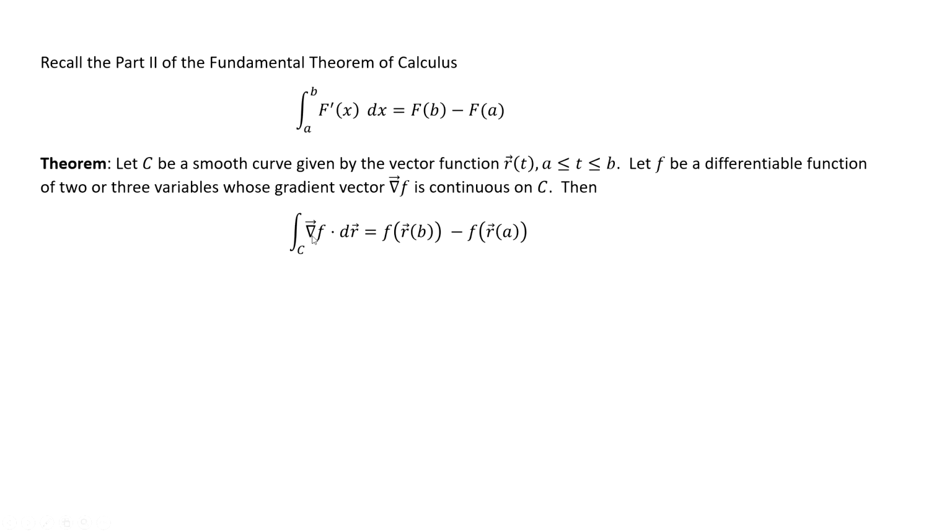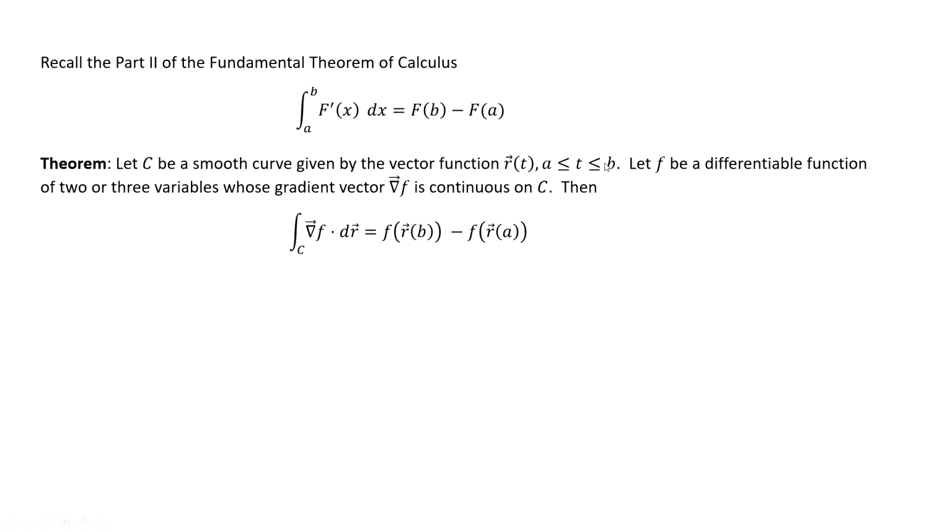And here we saw earlier that we are talking about del f dotted with dr. Previously we had the vector field F dotted with dr. That's what we integrated. And lo and behold, that turns out to be simply f evaluated at the upper point, r of b, minus f of r of a. So the idea is t is going from a to b.